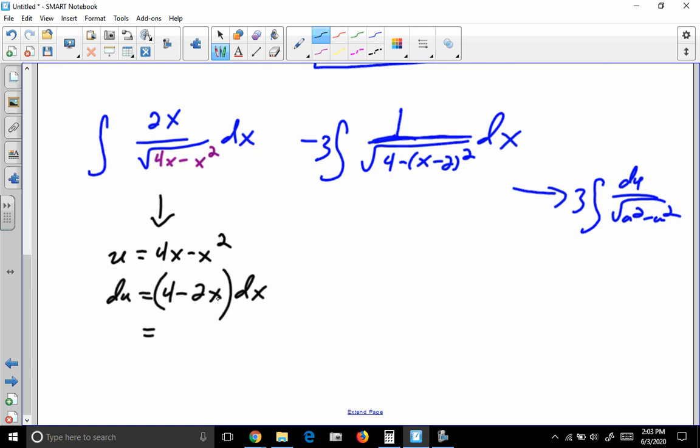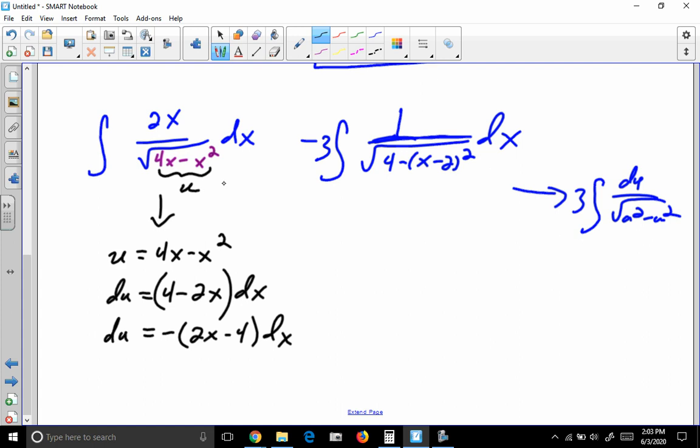Let's make this a closer fit. Let's factor out a negative here. If we factor a negative out, we would have 2x minus 4 dx. So how do we make this work?